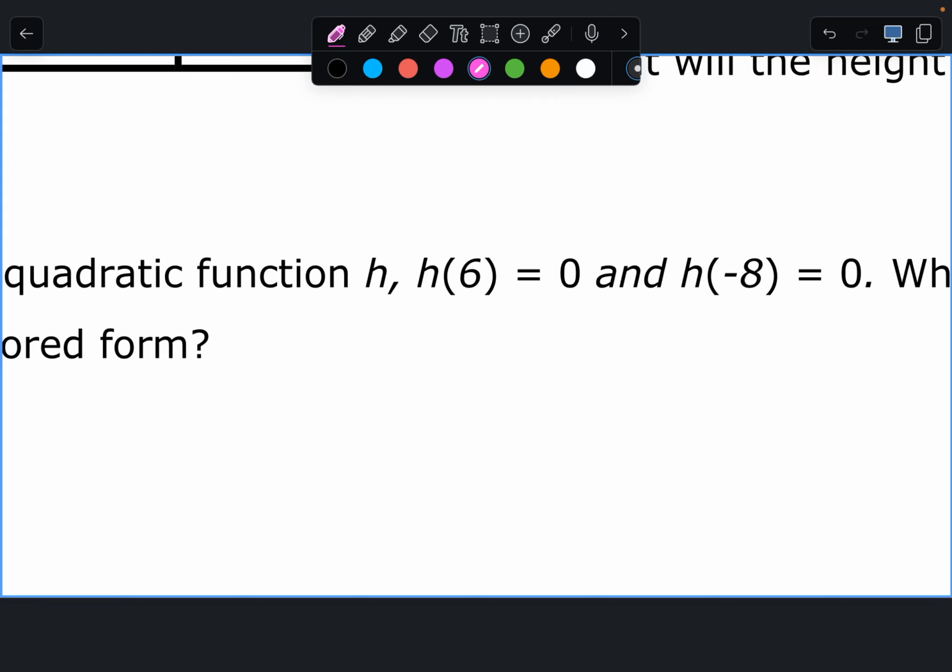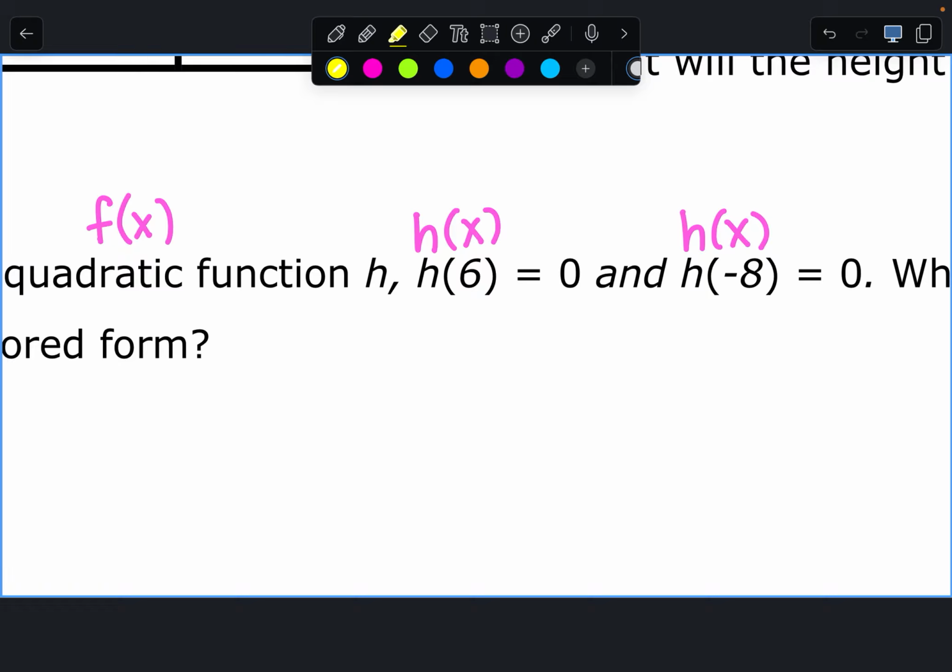Anytime you see, well, whenever I say h of 6, h of -8, what's the first thing that comes to mind? What do you think of? H of something, h of something. You think of what? F of x. Here, h of x. Okay?